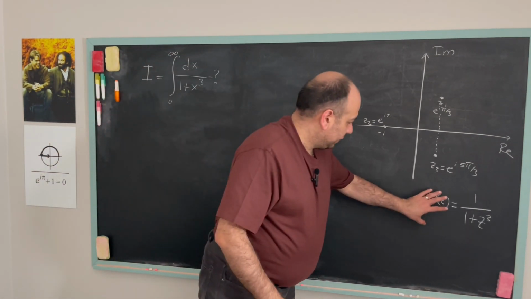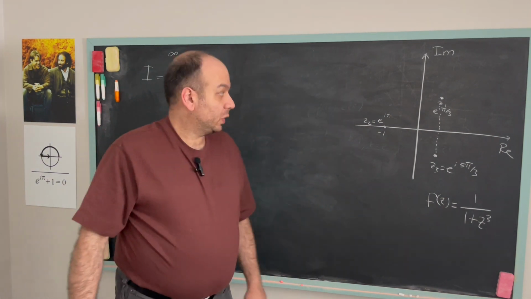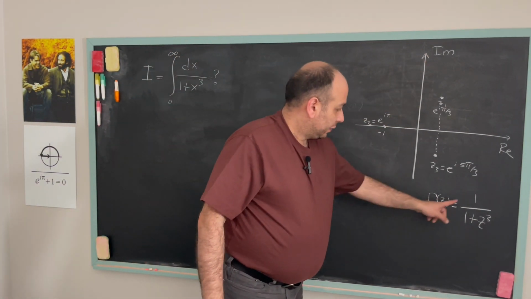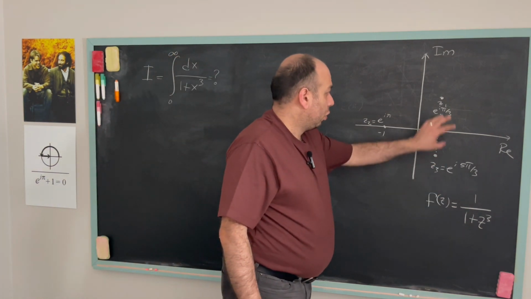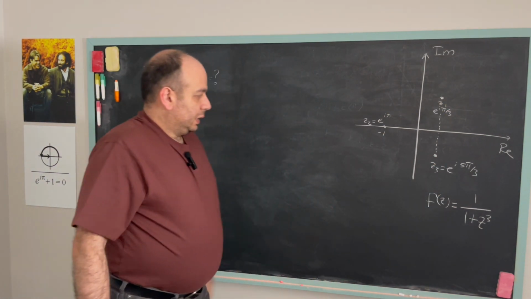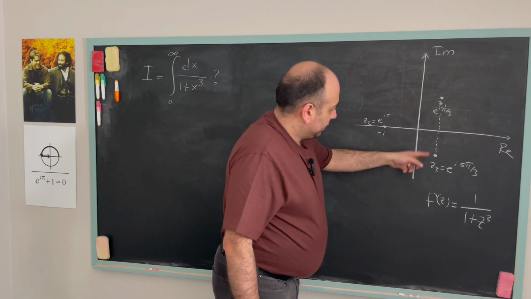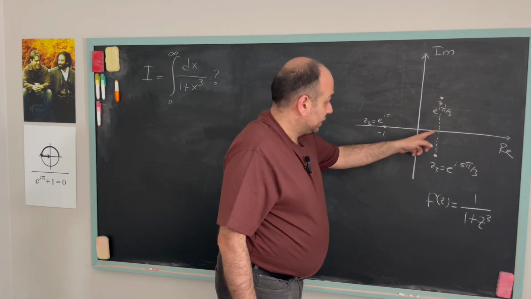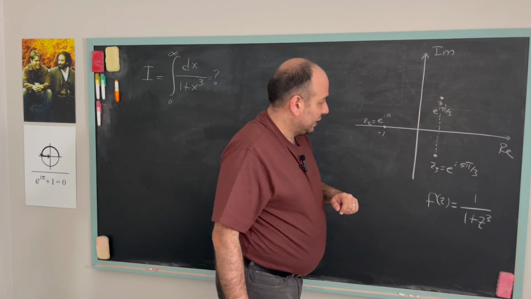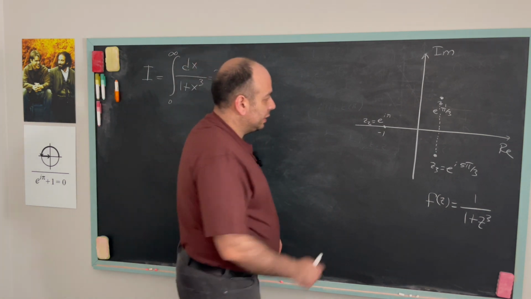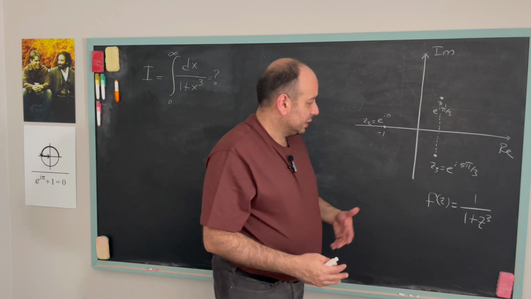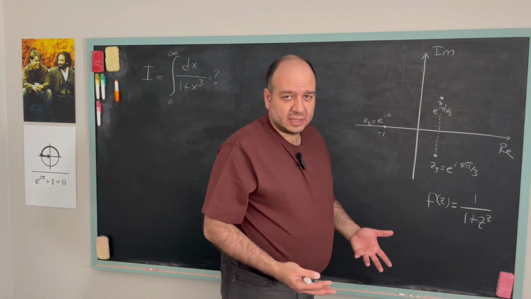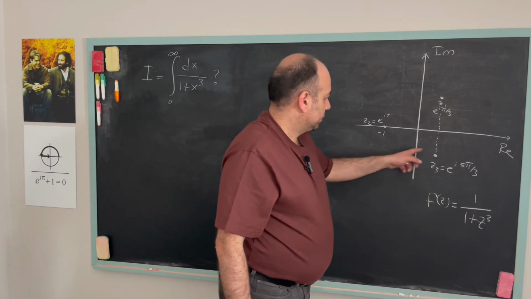So far we have defined this function f of z on the complex plane, 1 over 1 plus z cubed, and we found its poles. It turned out that z1 and z3 were symmetric, so they have the same real values, and their imaginary values differ from each other by a minus sign.